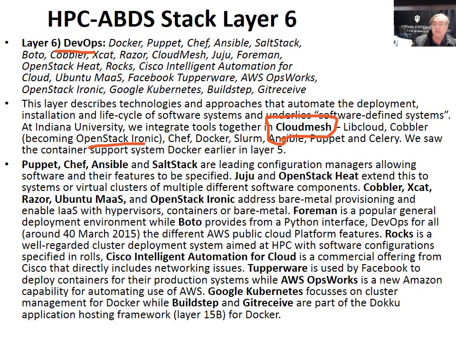They are called configuration managers. They allow you to specify the software and features you want on your hardware. Then on top of those we have Juju and OpenStack Heat, which build whole systems, or what we can call virtual clusters, which have multiple different software components.